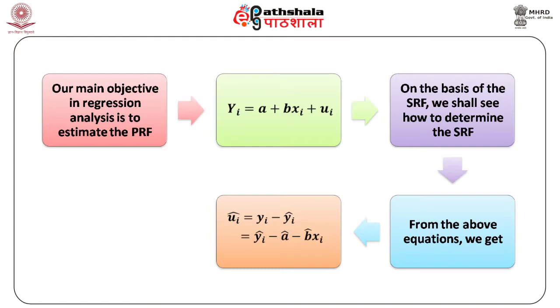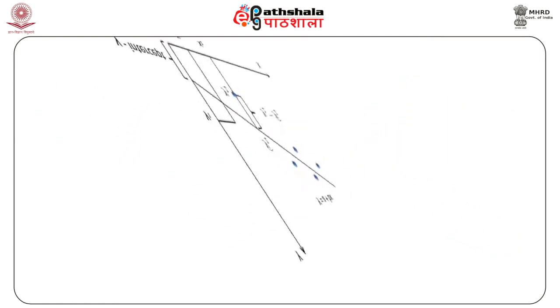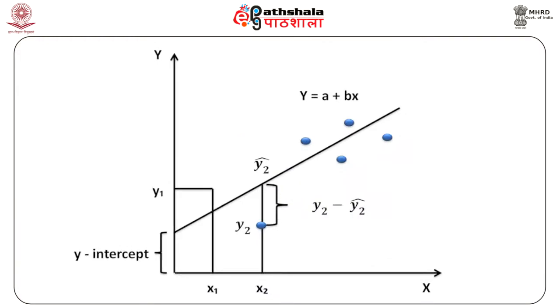From the already stated equations, we get ui cap equals yi minus yi cap, which is further equivalent to yi minus a cap minus b cap multiplied by xi, where ui cap are the differences between the actual and estimated y value.